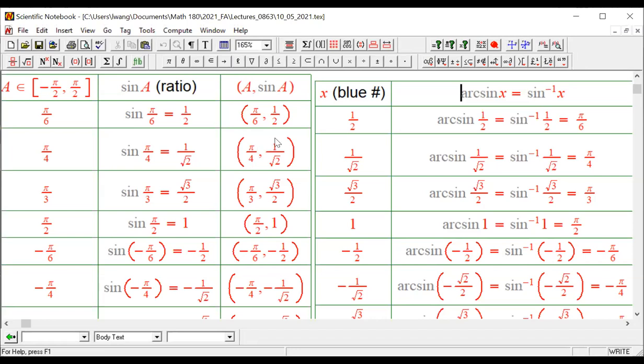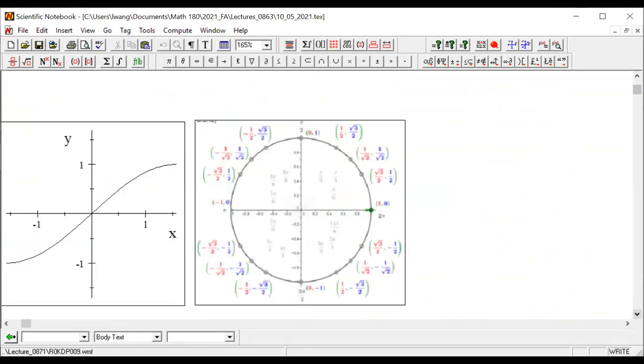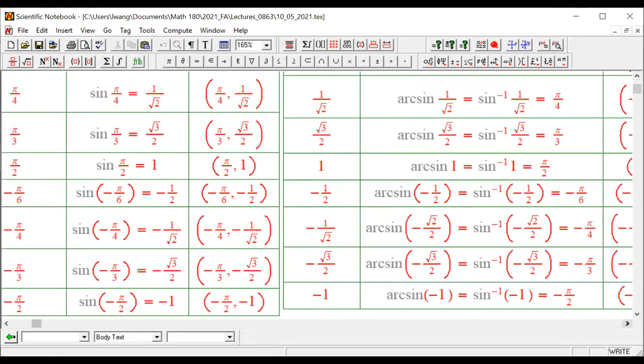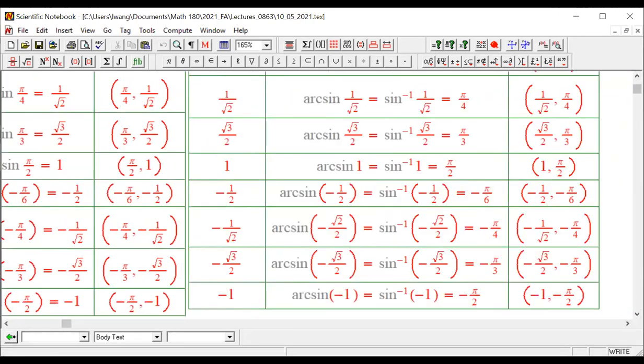Okay, so if you give it an answer outside the range, you're automatically wrong. For example, I have students give this kind of answer.